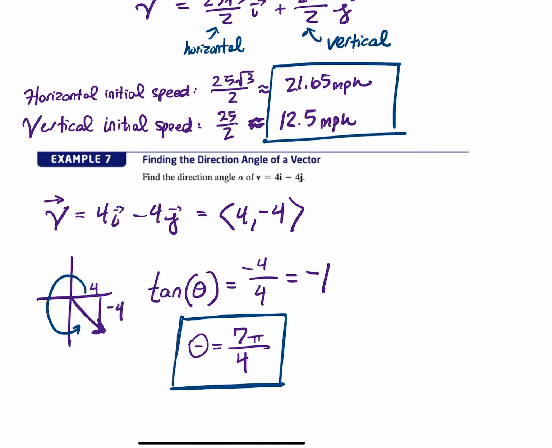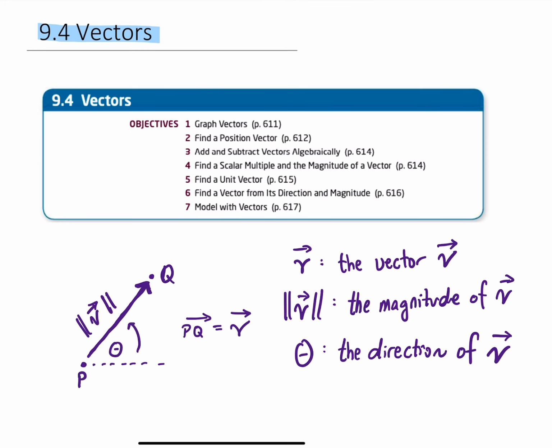Alright, that will be it for this section. So we looked at some visual representations of vectors, described the component form and how to find a position vector. We added and subtracted some vectors algebraically. We found scalar multiples and the magnitude of a vector.